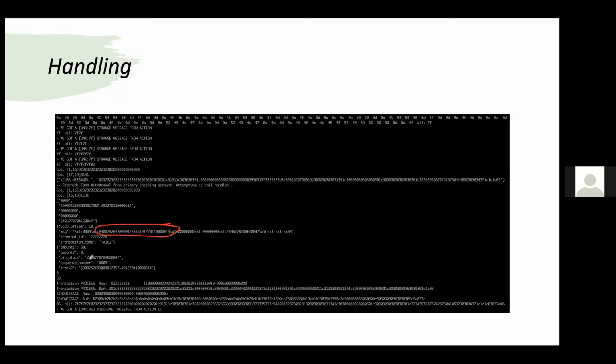Here we're able to decode the PIN block, which is our encrypted message. And then here's the card number. And this is the sequence, which is always incrementing by 1. And here's our terminal ID. All this information is put into the processor, where you can see it says calling handler, and then sends it back. And then we get a positive message, which allows us to continue.